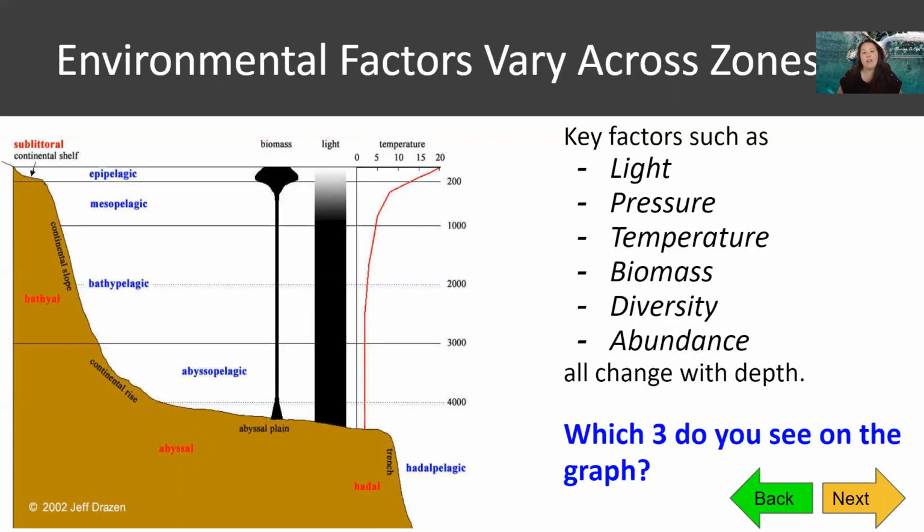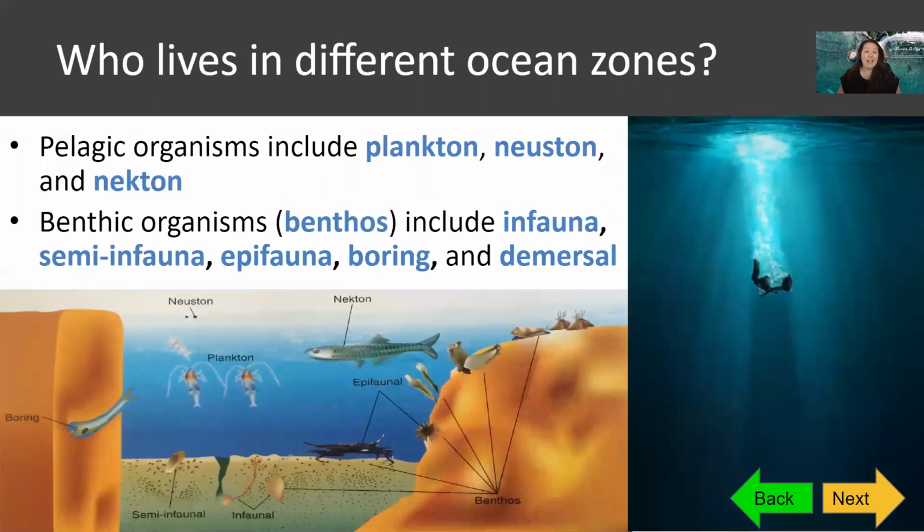And so because of the high variability in combinations with all of these environmental factors, marine organisms have evolved immense diversity and life strategies to take advantage of all available marine habitats. So who are these marine organisms? And who lives in the different zones? Some of these terms might be new to you, but we'll go through them.